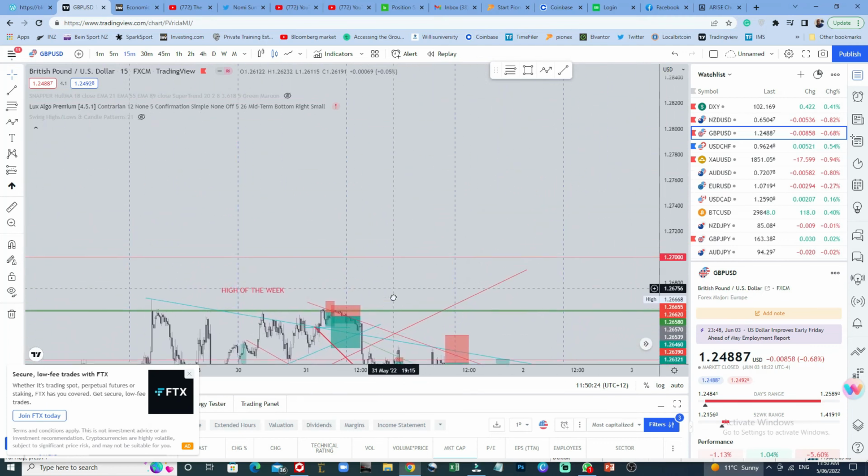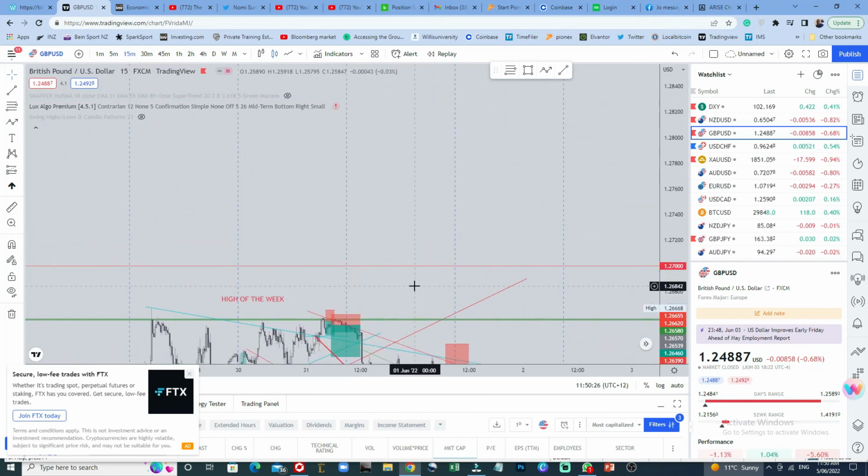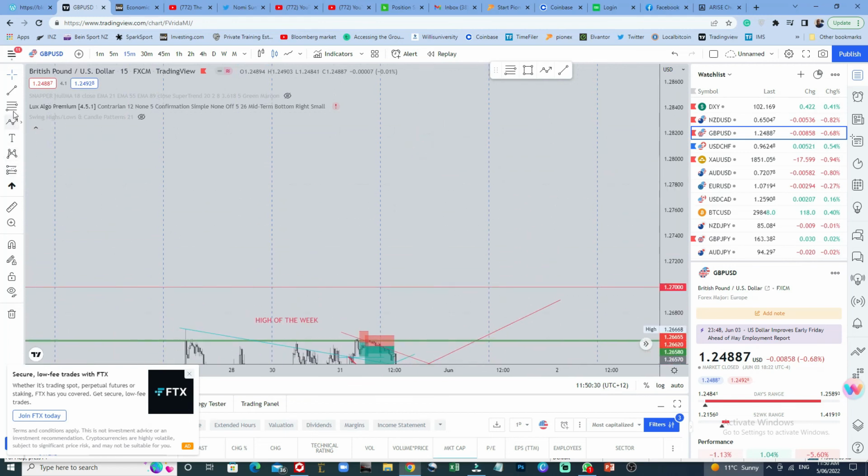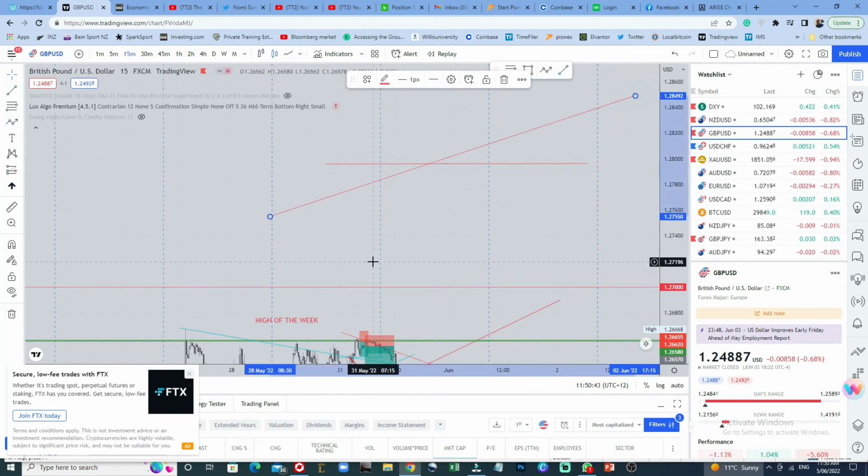Each time, this is what I'm looking for. This is confusing, but what I'm looking for is, for example, you have a psychological level, then you have a trend line, and you have the market coming like this.